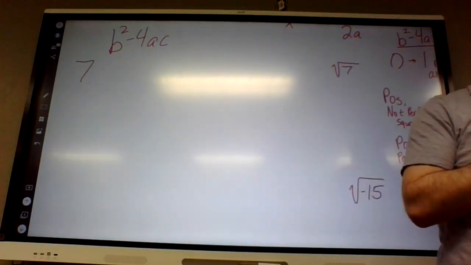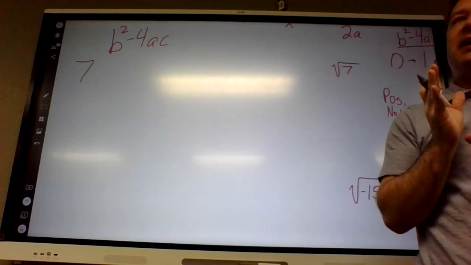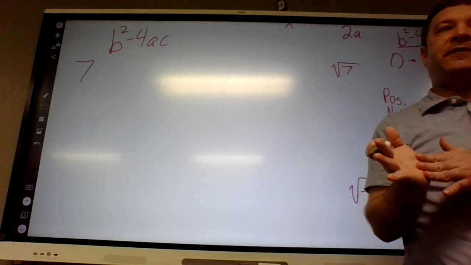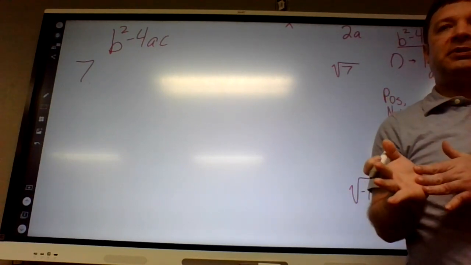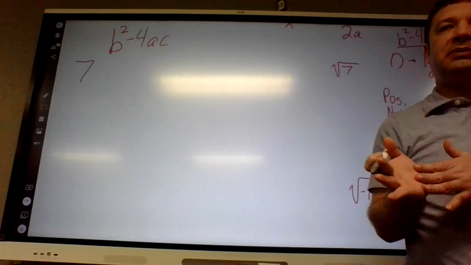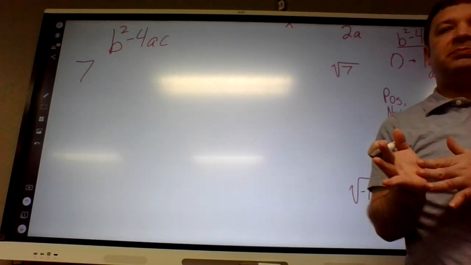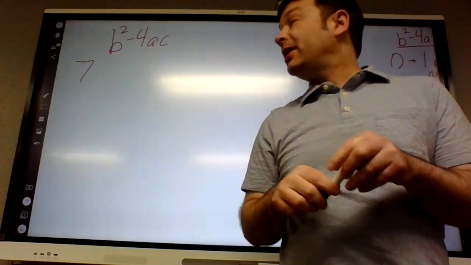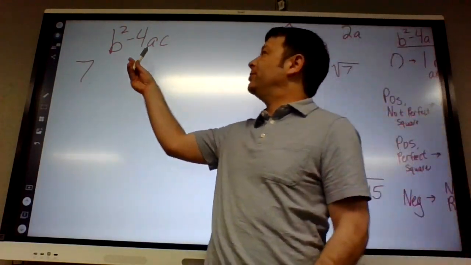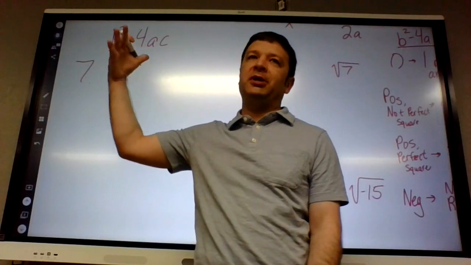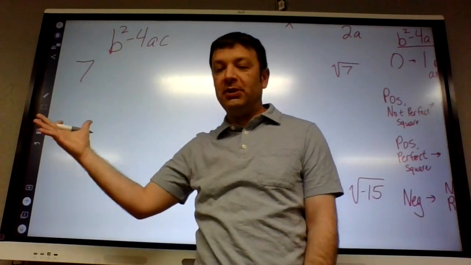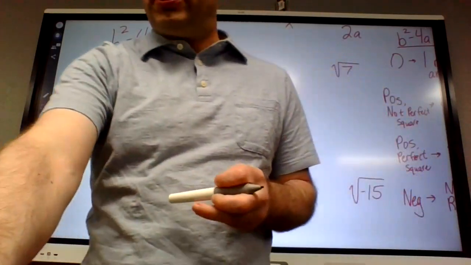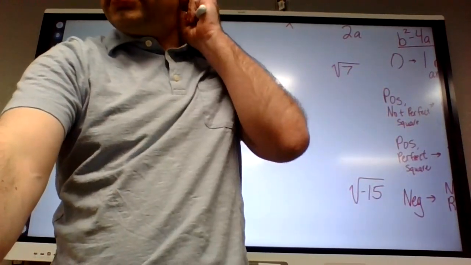What they are trying to get at is if this comes out as something with a square root, it's a factorable problem.